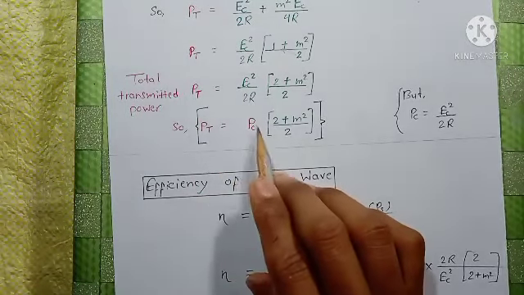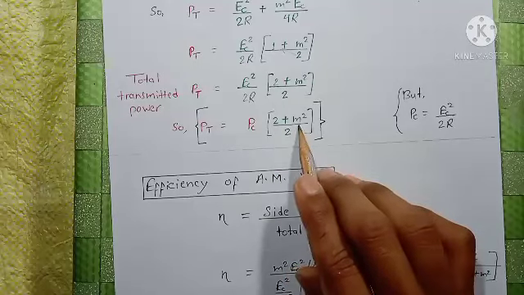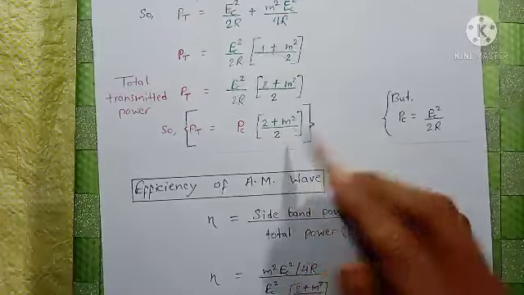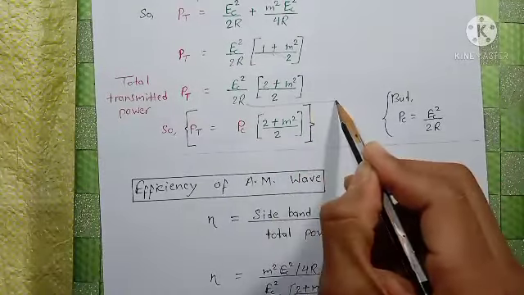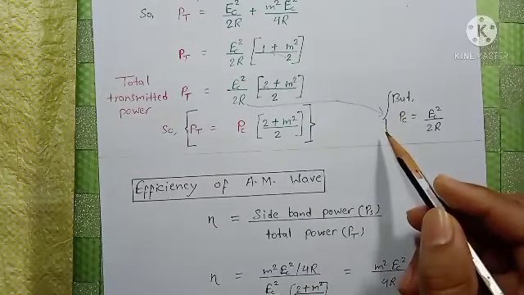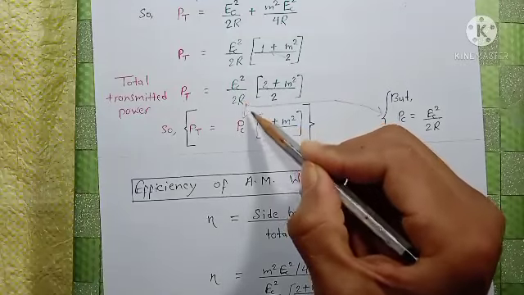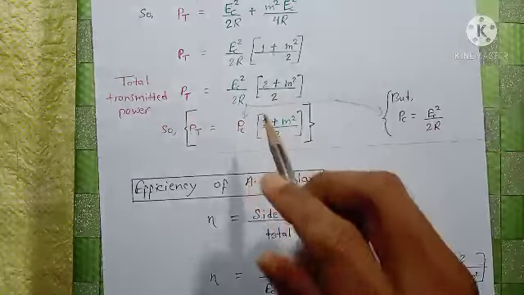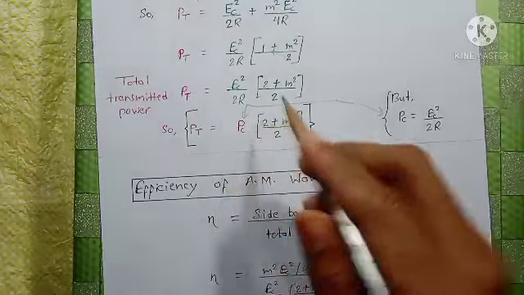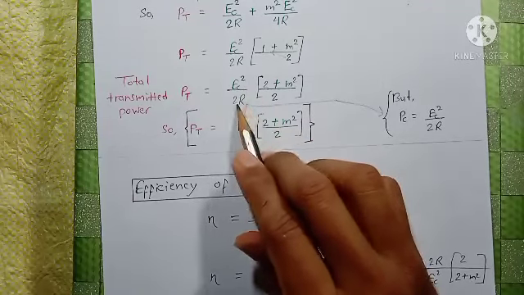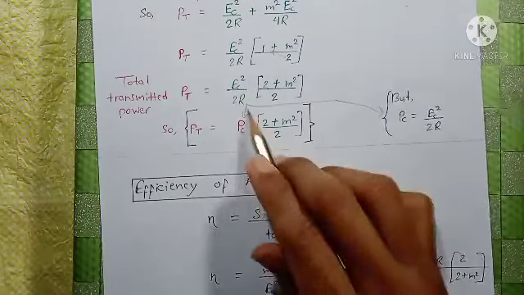So PT is equal to PC in bracket 1 plus m square divided by 2, because Ec square divided by 2R is our value of PC.